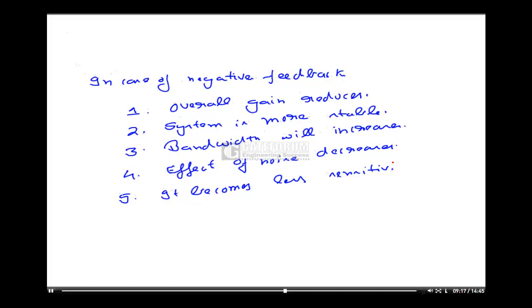Now what is sensitivity? Very important. Generally it can come as a 1 mark question, or sometimes can be a 2 mark question also.